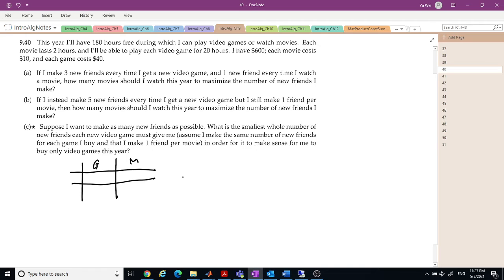The total is 180 hours, and each movie lasts 2 hours and each game lasts 20 hours, and I have $600 in total. Each movie costs $10, and each game costs $40. Okay, that's what we can digest.